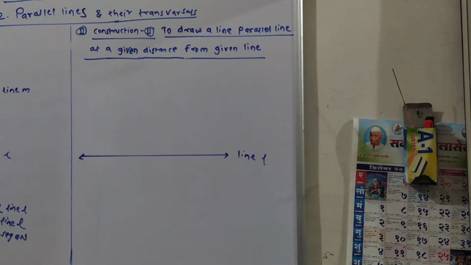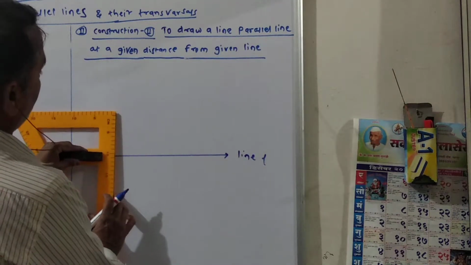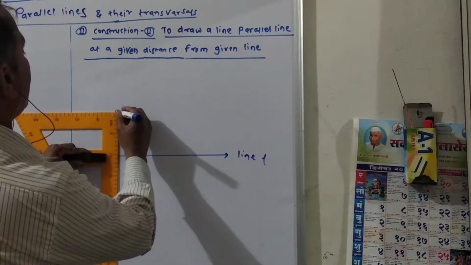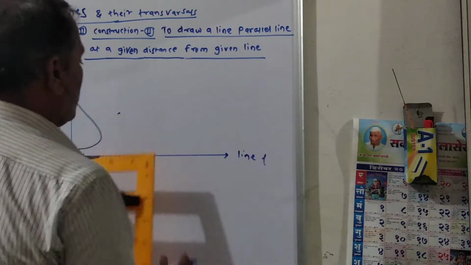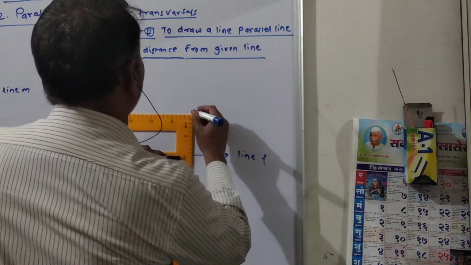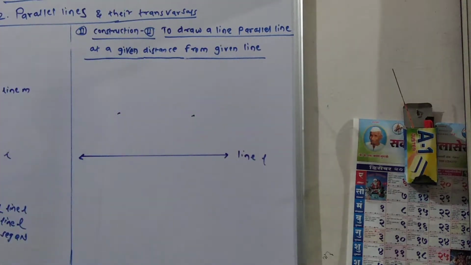We are to draw a parallel line to L at a distance of 2.5 centimeter from that line L. So the distance is given. Consider that distance. One more point is given here, and that is also 2.5 centimeter. So these 2 points are given.